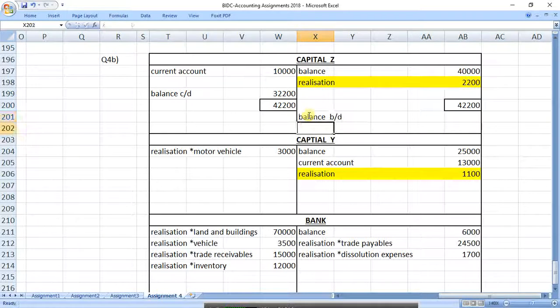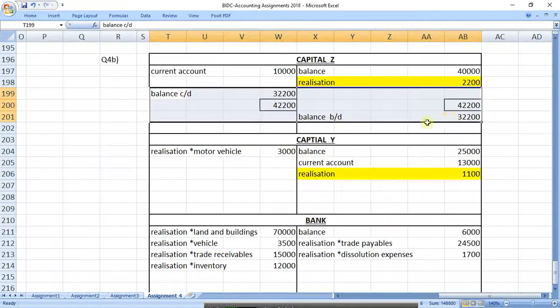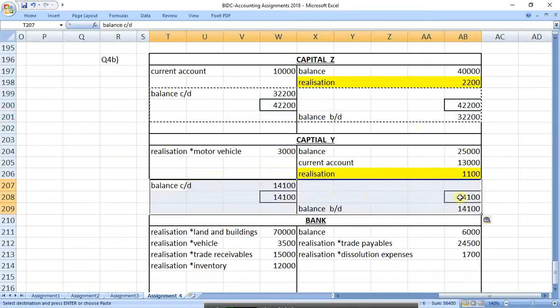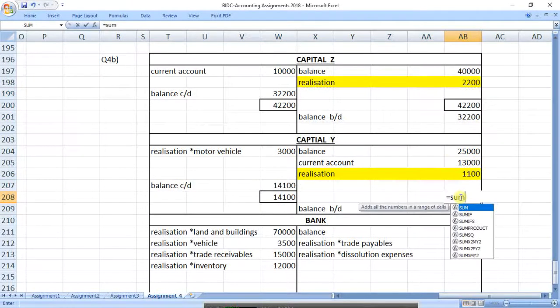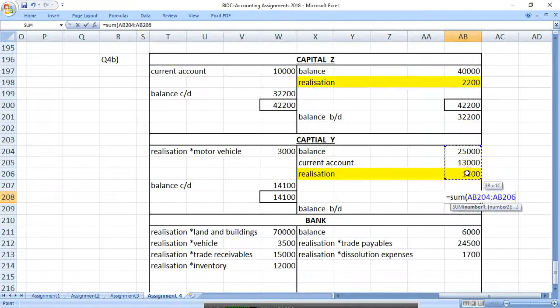Balance brought down. Then we're going to close off these accounts because they're going to get paid off. We would have to do the same thing for this one. If I balance this account, this side is bigger. This balance will be that minus this. Gives you that balance.